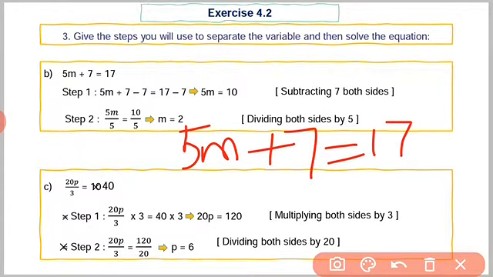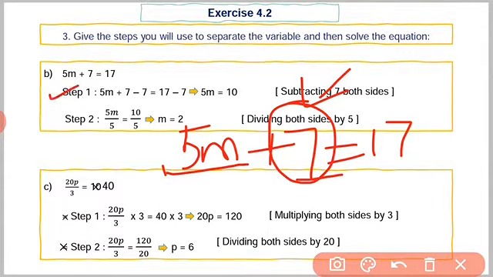We see that on LHS there is 7 added to 5 times m. So first thing we have to do is remove this 7, and we know that to find a solution we have to do mathematical operations in such a way that we are left with the variable on one side, and there should not be any other number except the variable. So remove this 7 first.